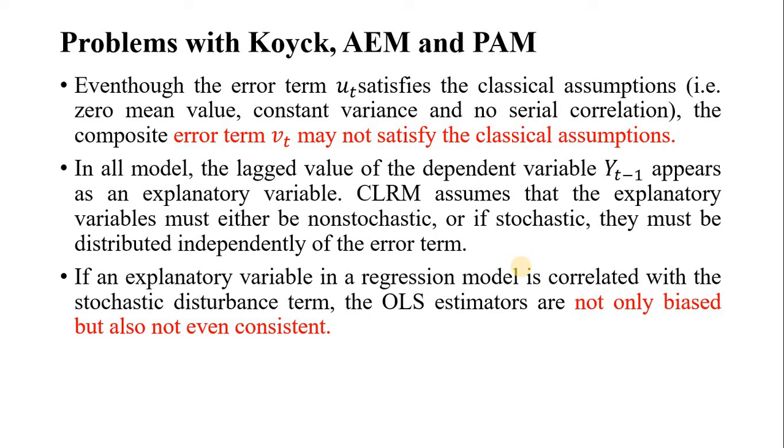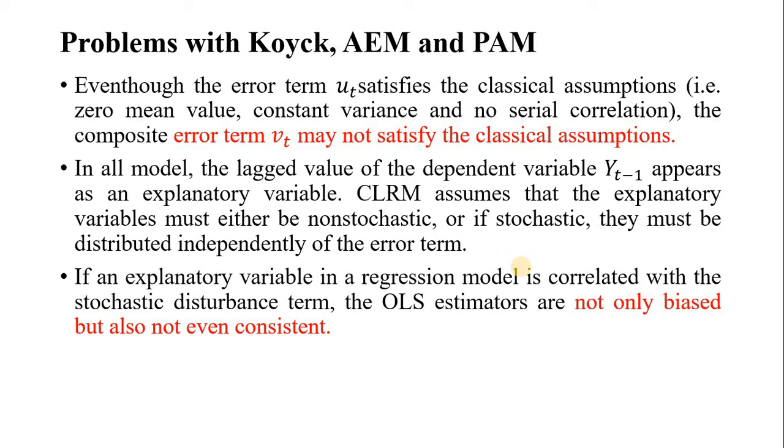If an explanatory variable in a regression model is correlated with the stochastic disturbance term, there is a problem. So I will tell you, yt is a function of xt, yt minus 1 and ut.